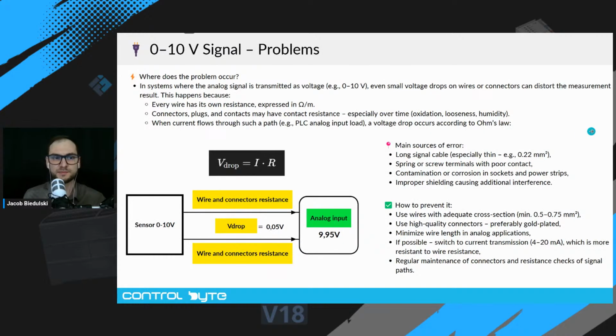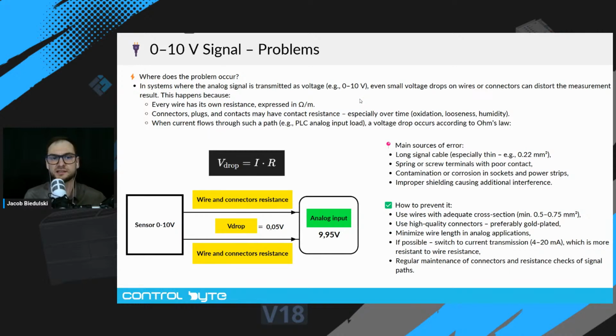What are the problems of voltage signals? In systems where the analog signal is transmitted as a voltage, even small voltage drops on wires or connectors can distort the measurement result. This happens because every wire has its own resistance expressed in ohms per meter.